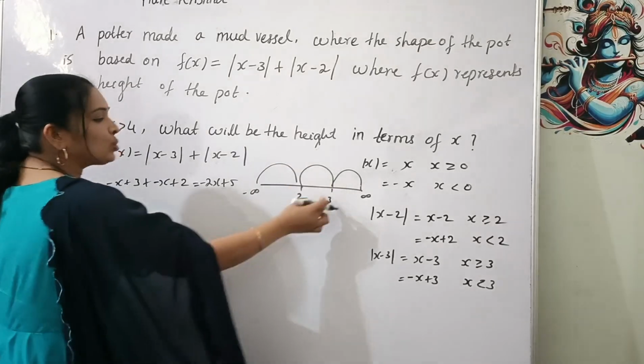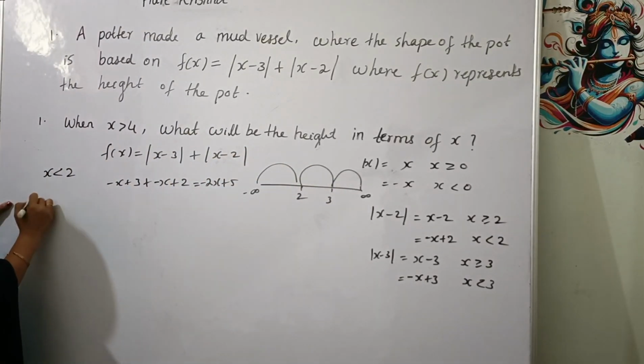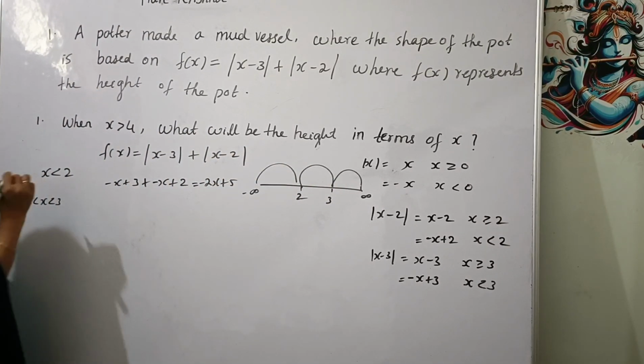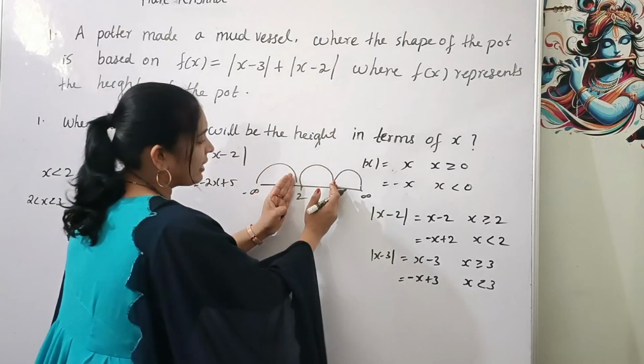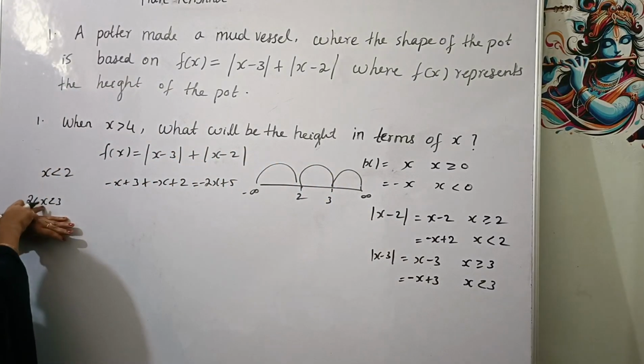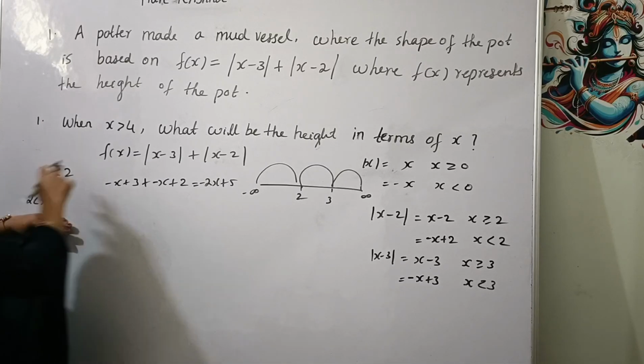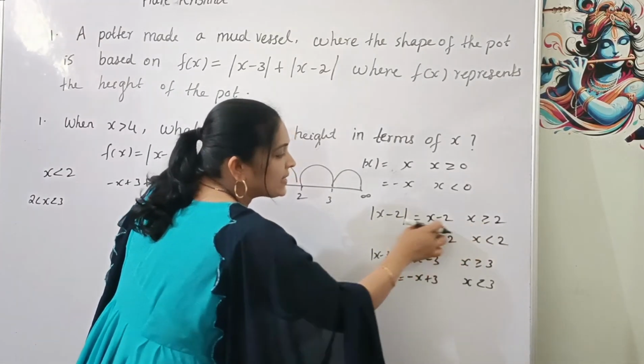Next interval, 2 to 3, that is 2 less than x less than 3. In this interval, when x is greater than 2, what is the function?